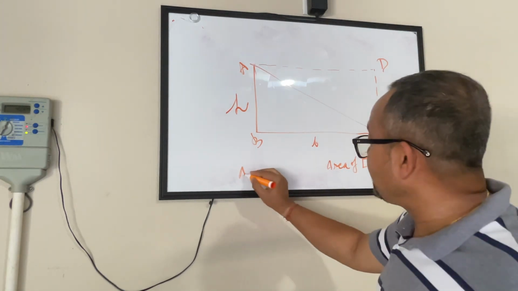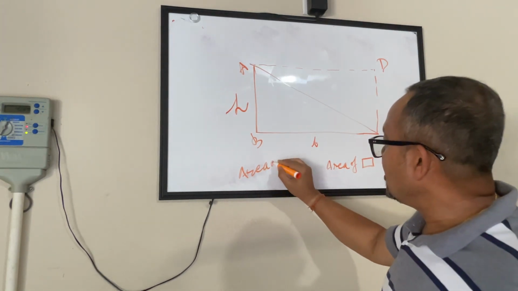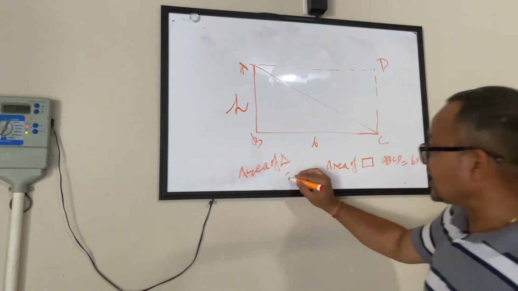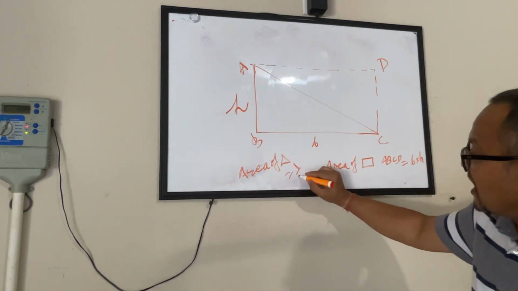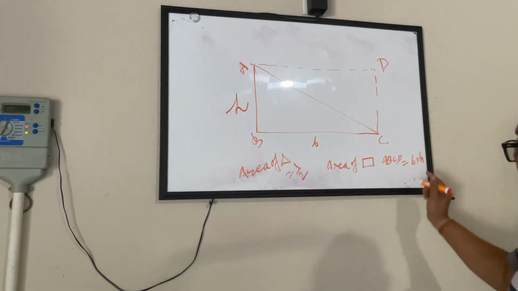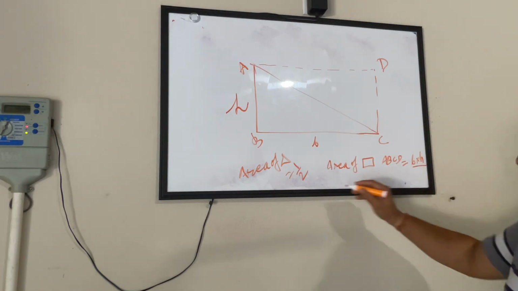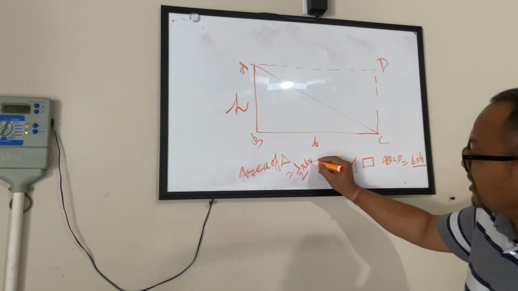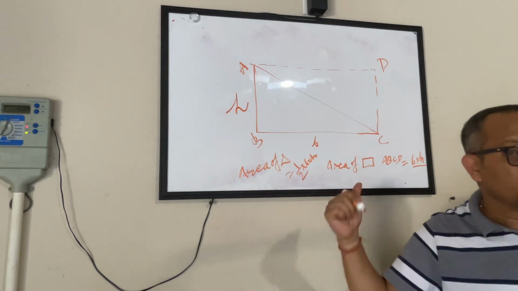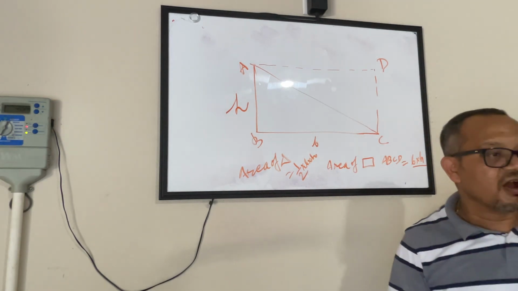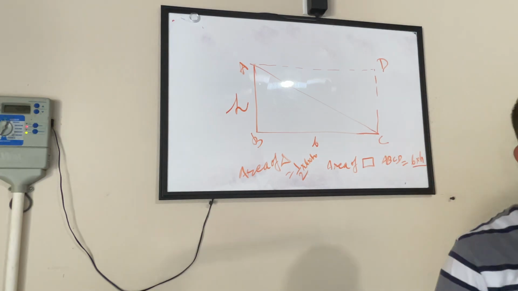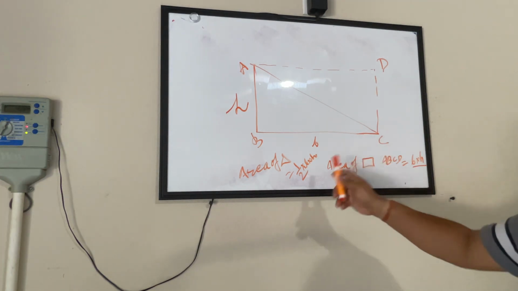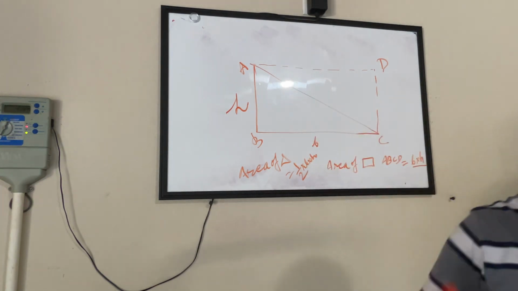While the area of my right angle triangle will be half of the area of this rectangle. What is the area of the rectangle? B into H, so half into B into H. So that is how the area of a triangle or a right angle triangle comes as half into base into height.